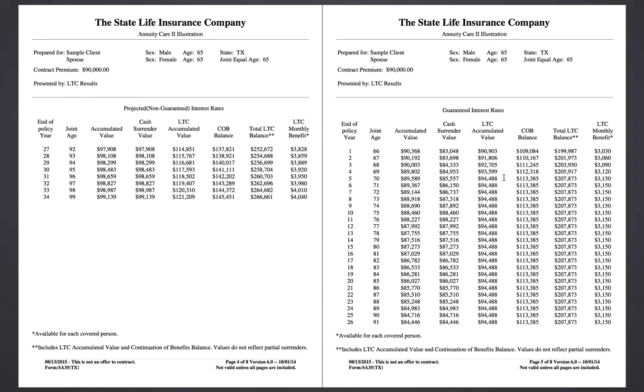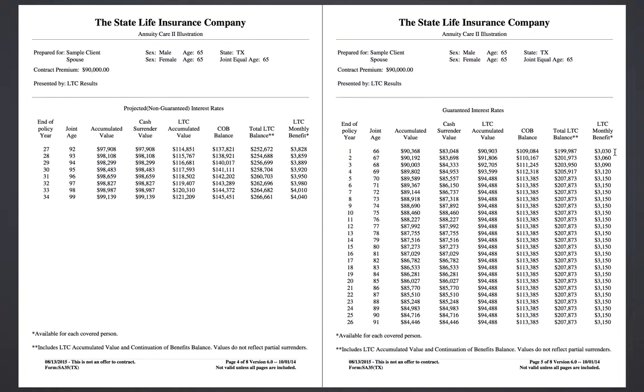The charges for the rider are higher than the interest earned, which means that this column is going to decrease and this column is going to freeze the benefits. But it still gives us, for $90,000 of initial deposit, $200,000 to start with, and a minimum guaranteed long-term care benefit balance of $207,000.